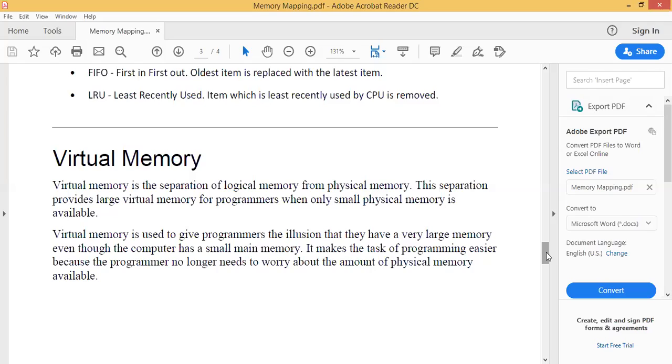Virtual memory is used to give programmers the illusion that they have a very large memory even though the computer has a small main memory. It makes the task of programming easier because the programmer no longer needs to worry about the amount of physical memory available.